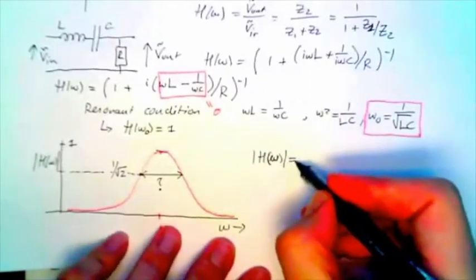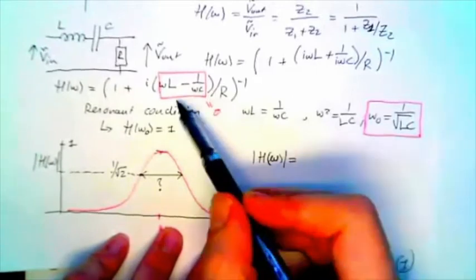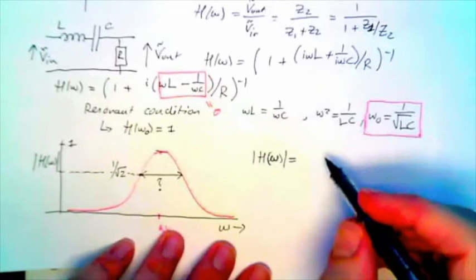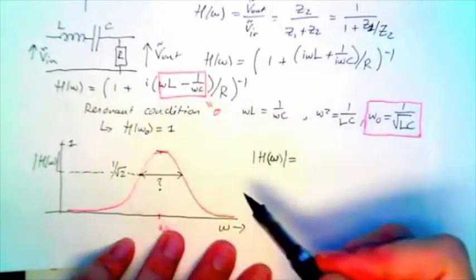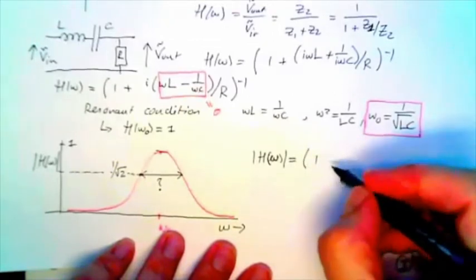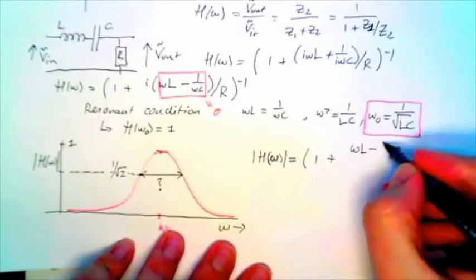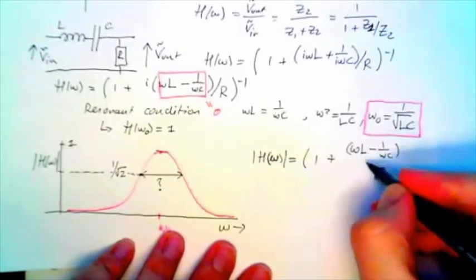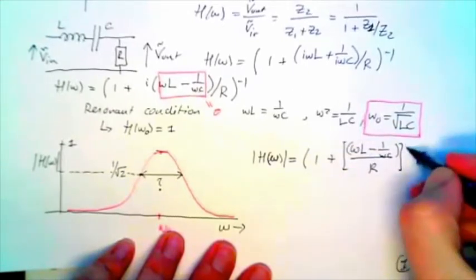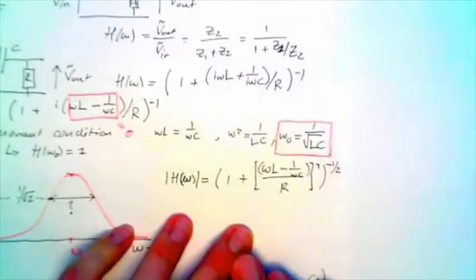Okay, we're going to use that same trick that we used before, that there's a complex number in the denominator, and to get the magnitude, we can just take 1 over the magnitude of that complex number. And that means that it's 1 plus omega L minus 1 over omega C over R squared to the power minus 1/2.